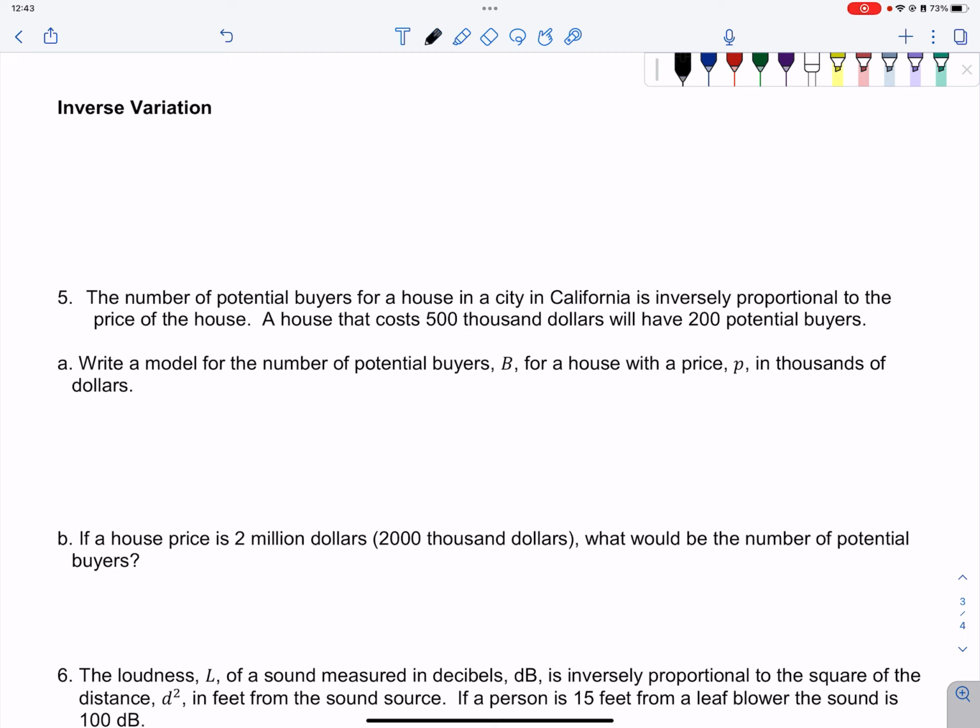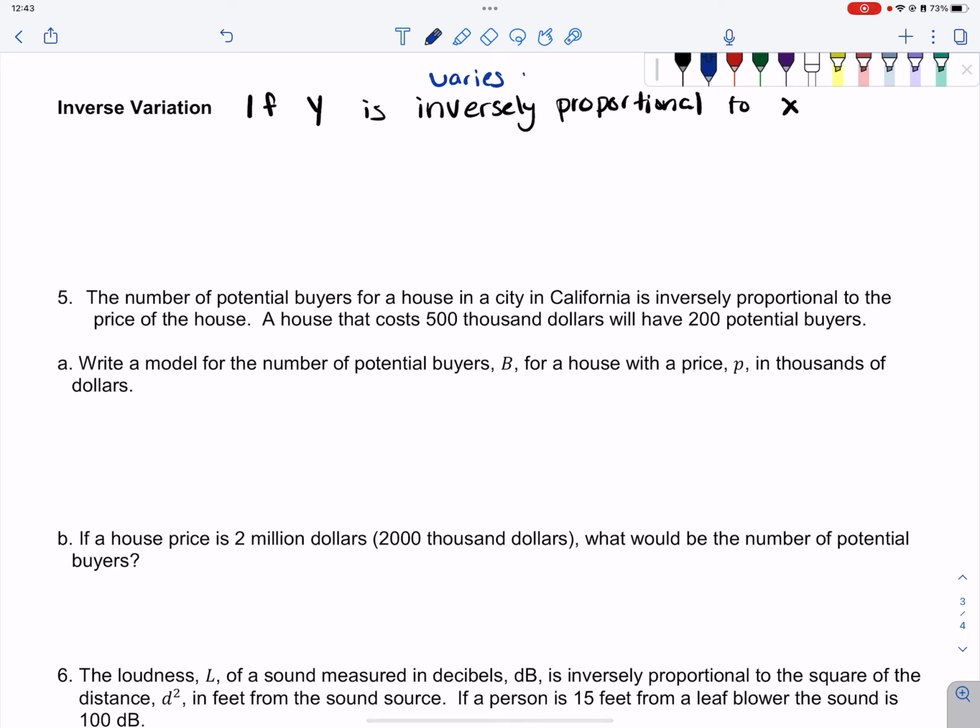If we see a statement similar to this one here, that y is inversely proportional to x, or we might see y varies inversely to x, then we get an equation that is slightly different than the last one.